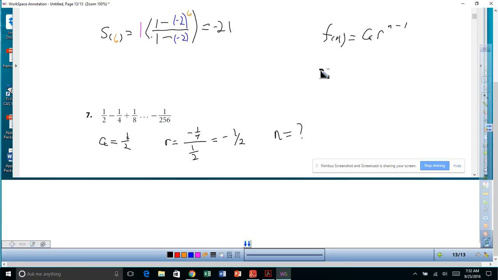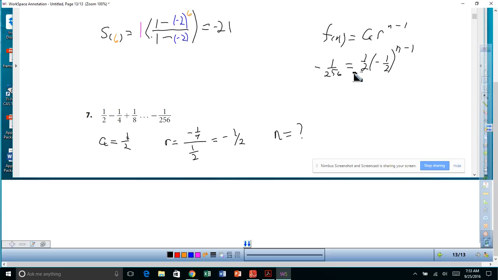So f of n is -1/256, and then a is 1/2, and then r, that was -1/2, and then n minus 1. So the only thing we don't know is what is n.